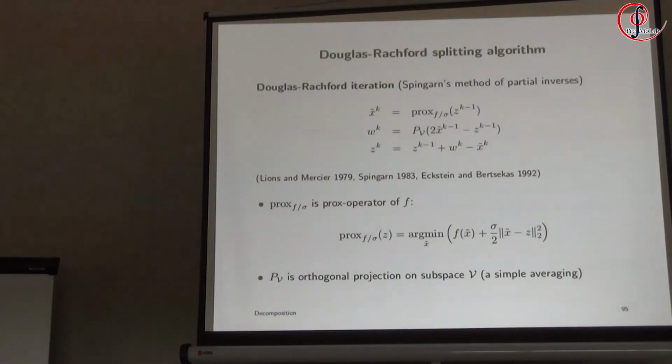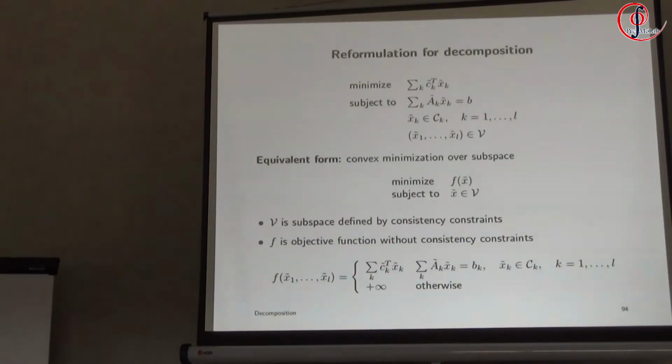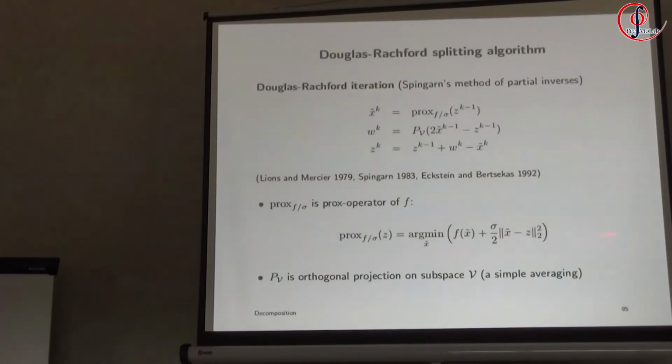So the first step is the proximal operator of this function f, defined like this. The proximal operator in general is defined as the solution of this. For a general closed convex function f, the prox operator is defined as the minimizer of an optimization problem with f of x as objective, augmented with the Euclidean squared distance between x hat and z.